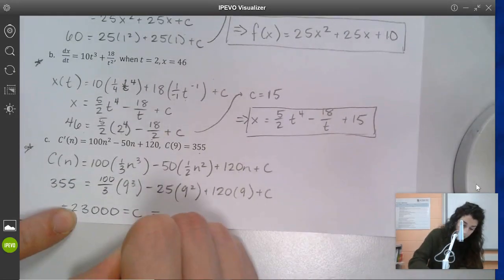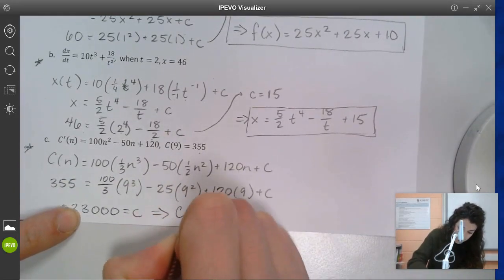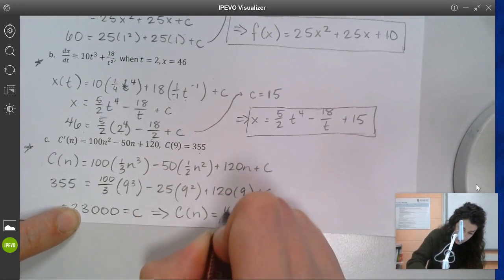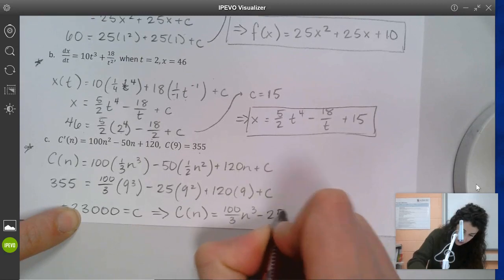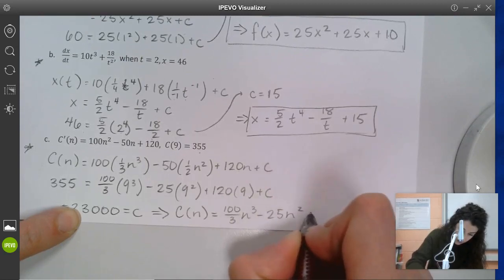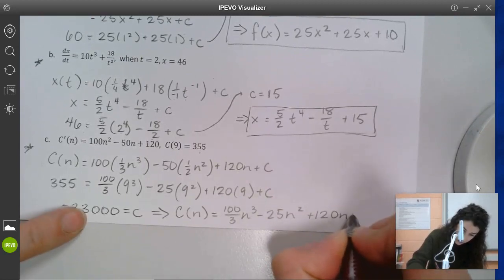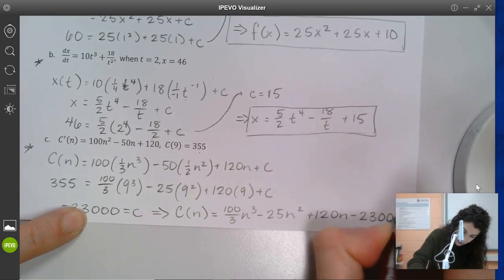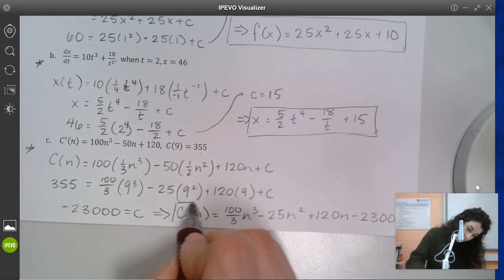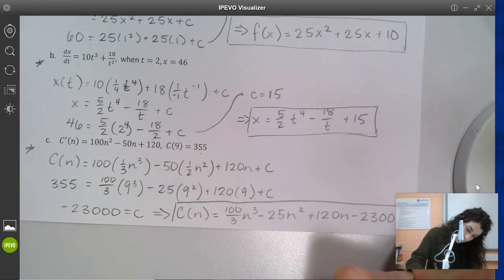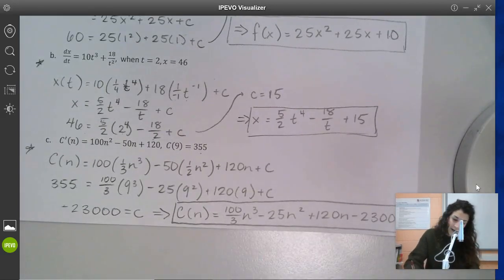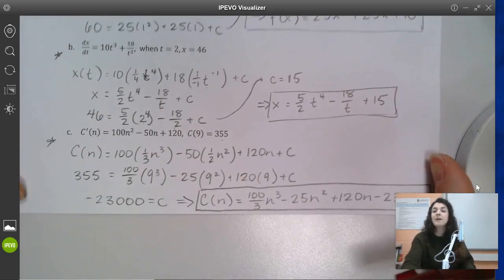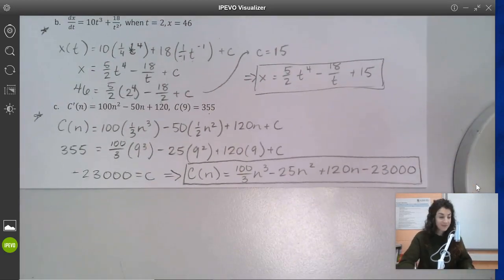Okay, so our final specific equation is, again, not the nicest looking one, but it's what we have.